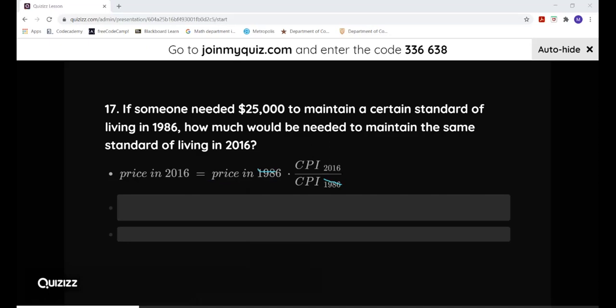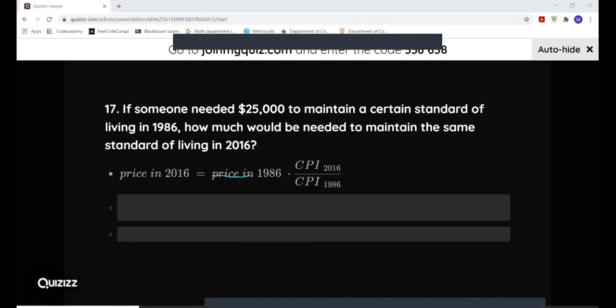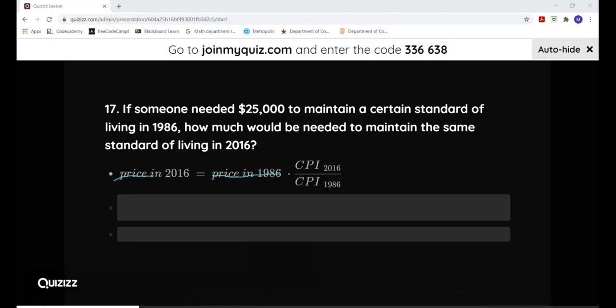If this is 1986 on bottom, this is 1986 on top. The other way is if I were to divide both sides by this, I would get equivalent ratios, equivalent fractions. So if this is the price in 86, horribly drawn 86 here. Here we go. 86.